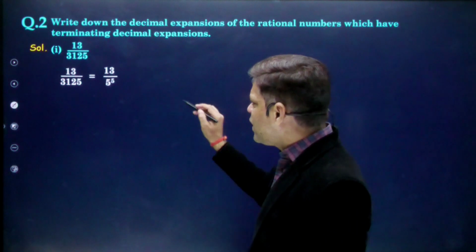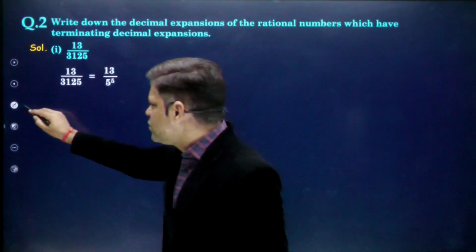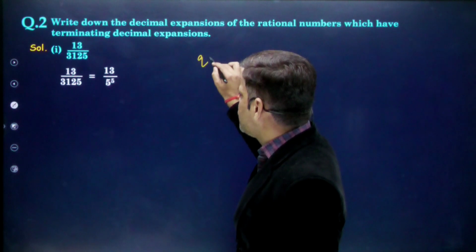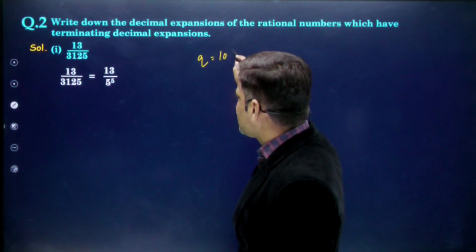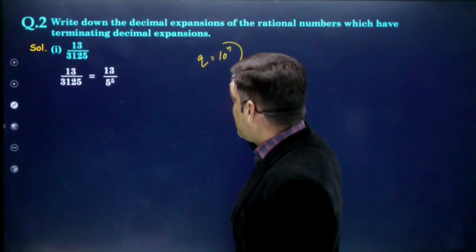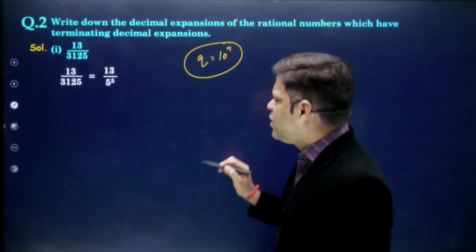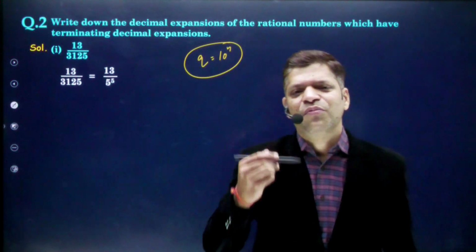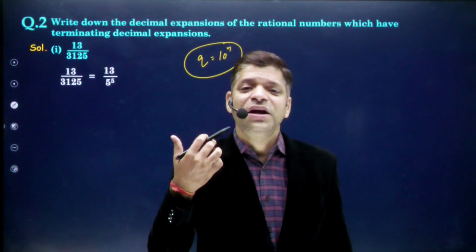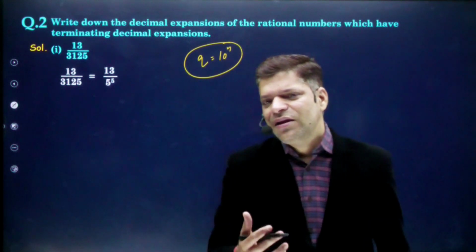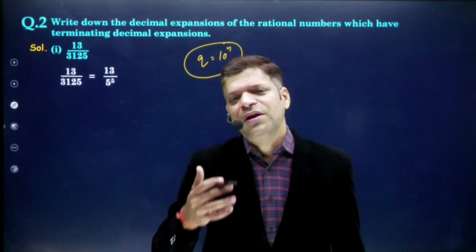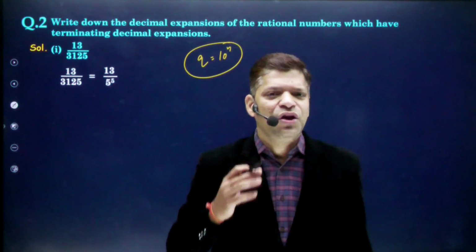So our target is to change q into the form of 10 raised to the power n, that is, the exponent of 10. If we change q into the form of an exponent of 10 or a multiple of 10, then it can be easily converted into the decimal expansion, otherwise not.